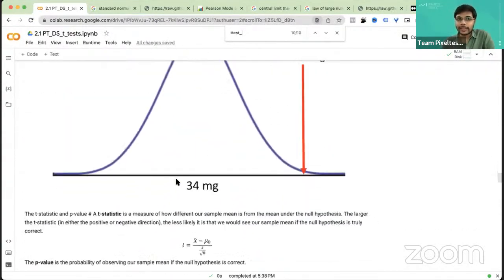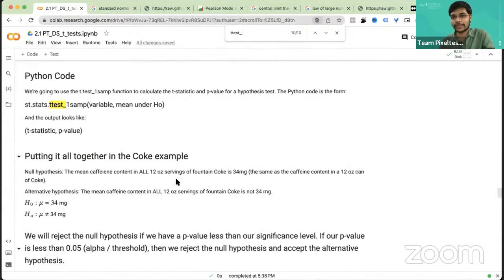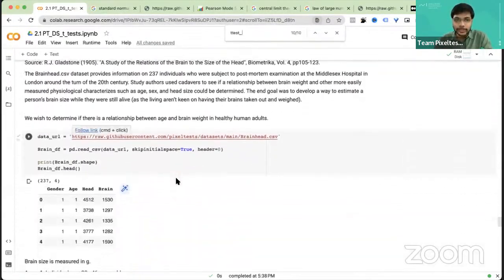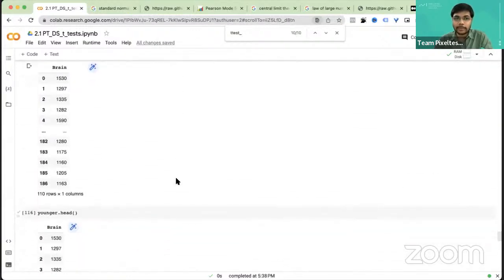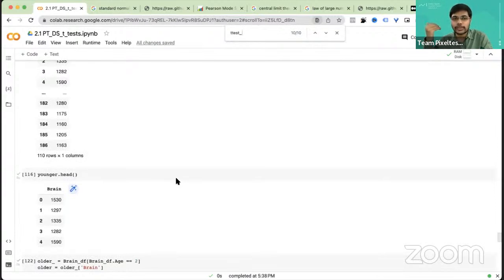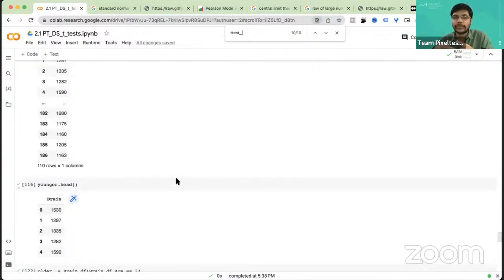So now we have understood the concepts of t-test. Thank you, Ravindra sir. What we have done is understood the concepts which helped us in testing the hypothesis, right? We tested if the fountain Coke was closer. In our case, the initial hypothesis was true, right?